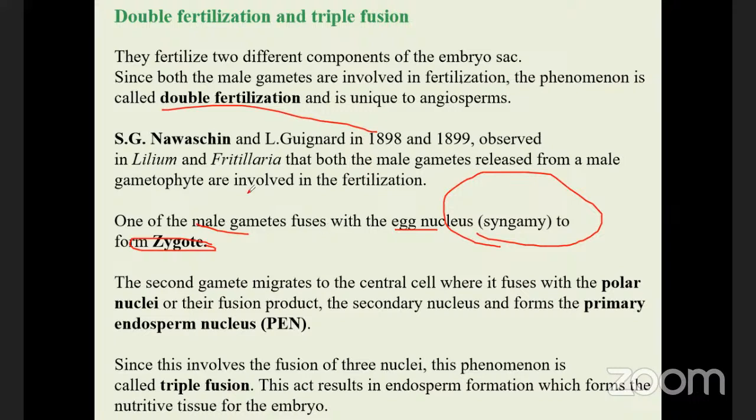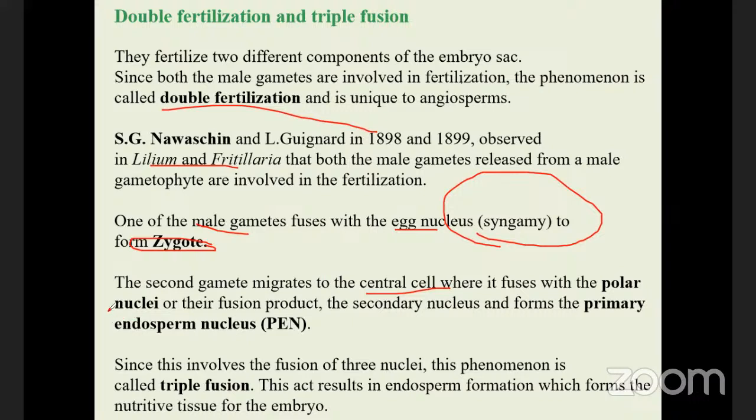And the second one, in Lilium and Fritillaria, is the male gamete fusing with the secondary nucleus or polar nuclei, which are there in the central cell.